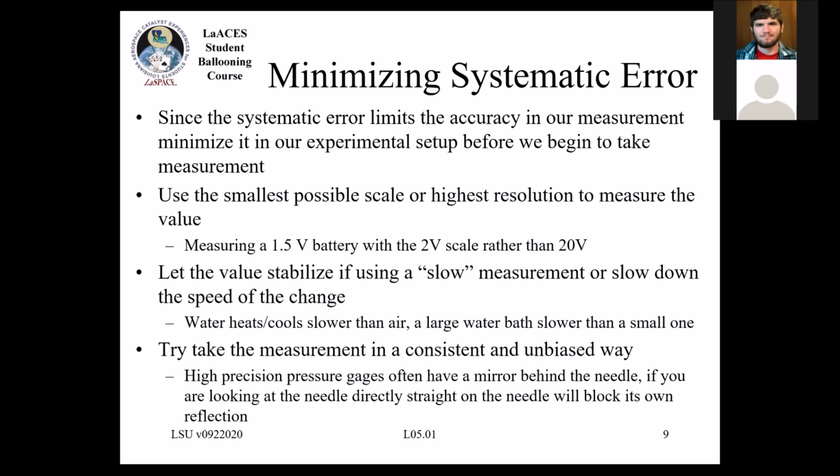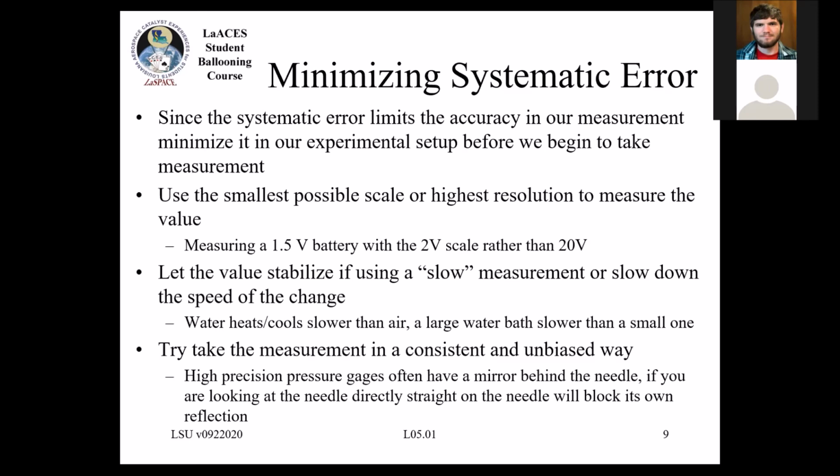Additionally, you want to try and design your experiment in such a way that you can make these measurements in a consistent and unbiased way. For example, you always want to make sure your thermometer is sitting in the same location when you make a measurement.